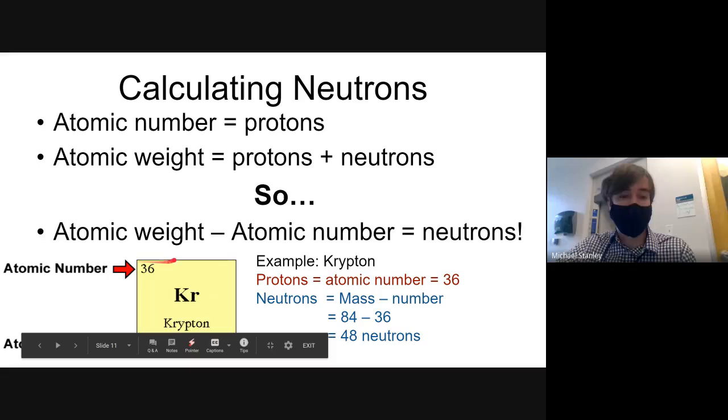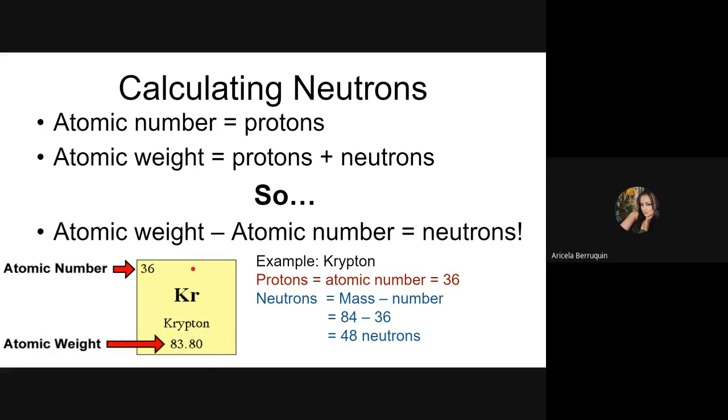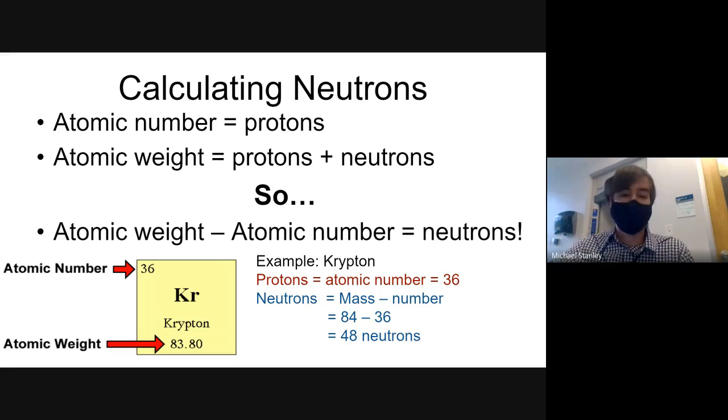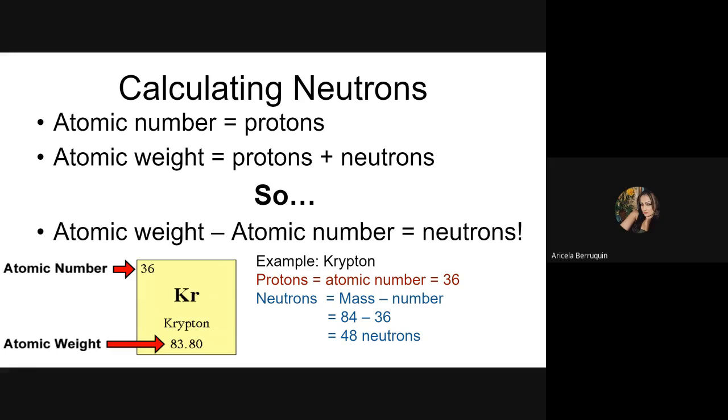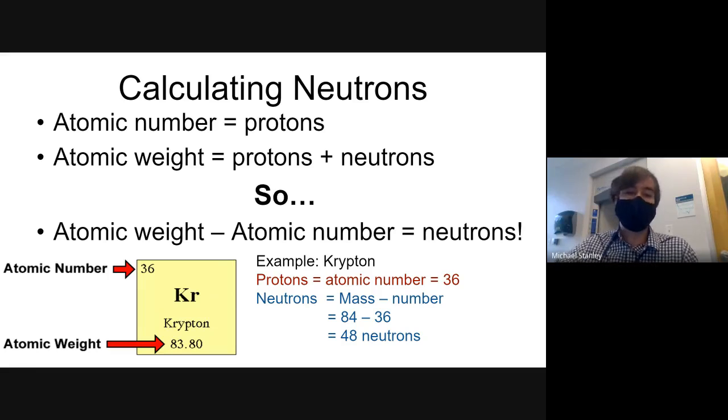So it's always going to be the atomic number. So if it was like 15 for the atomic number, it'd be 15 electrons, right? Exactly.